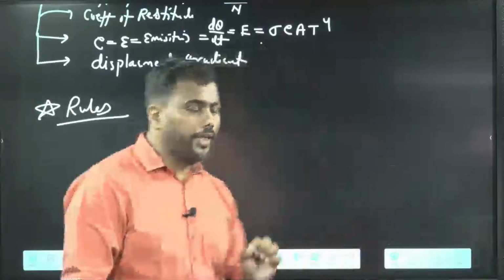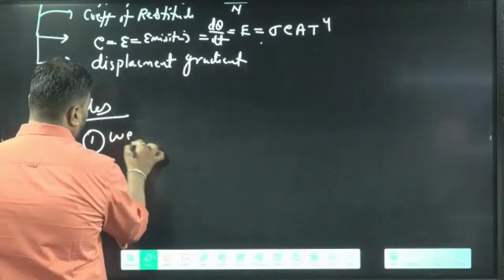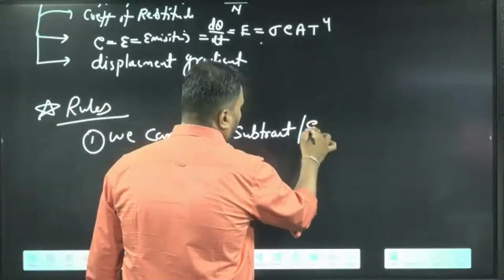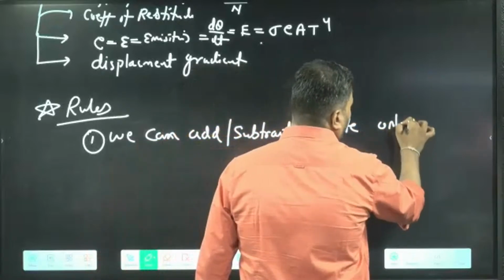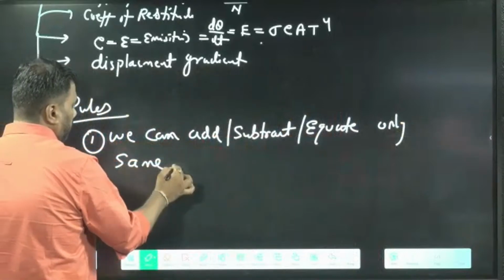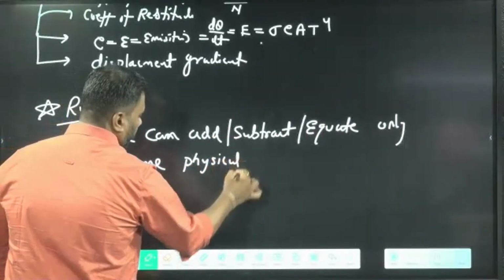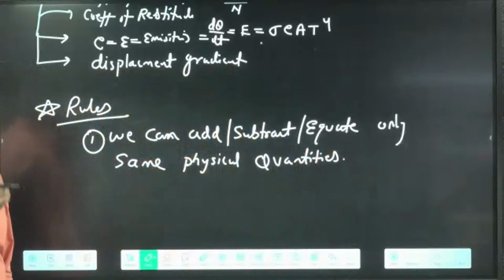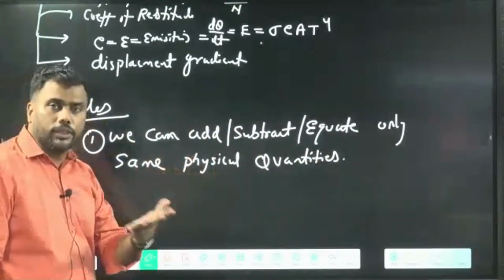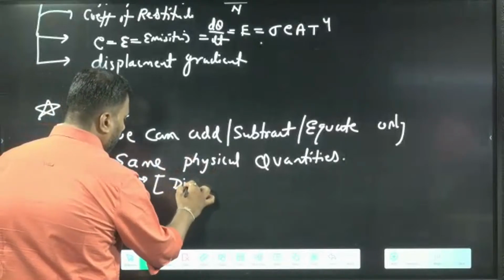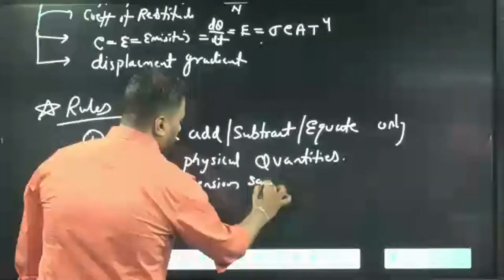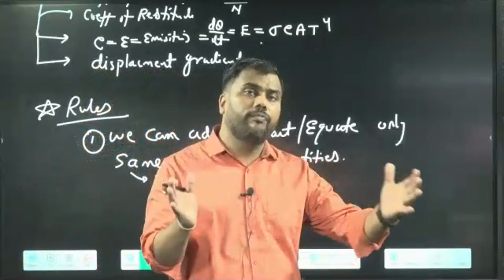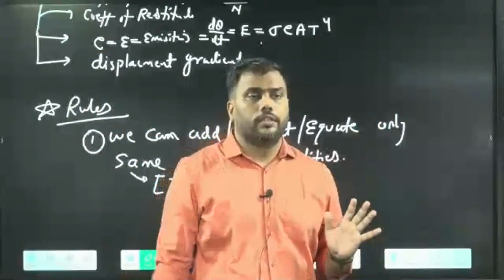Okay, so write this down. We can add, subtract, or equate only the same physical quantities. If they are the same, their dimensions must be the same. So it can also be written like this: we can add, subtract, or equate physical quantities of the same dimension.